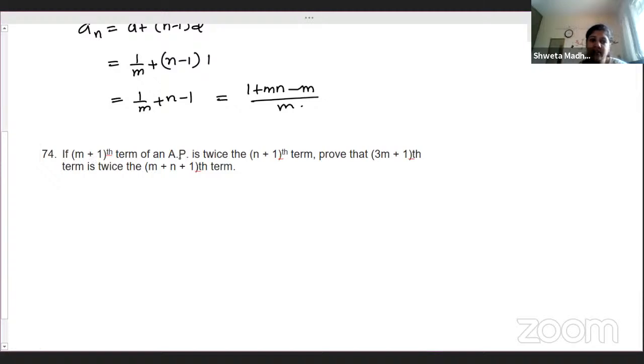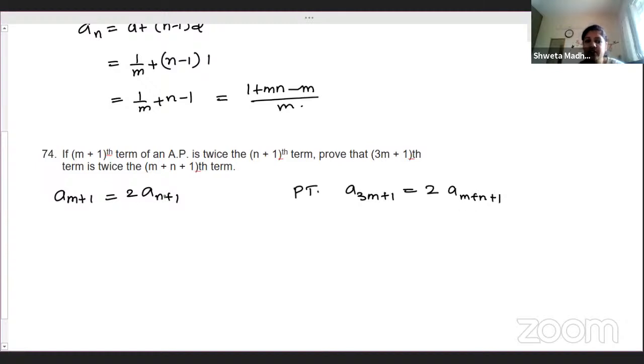The m plus 1th term of an AP is twice the n plus 1th term. That means a m plus 1 is equal to 2 times the n plus 1th term. To prove that, the 3m plus 1th term is twice the m plus n plus 1th term.